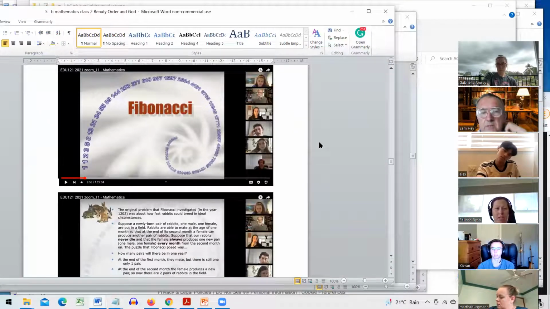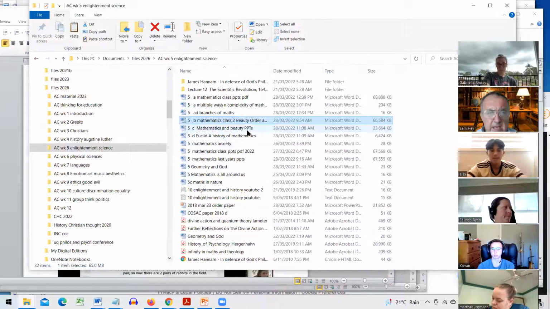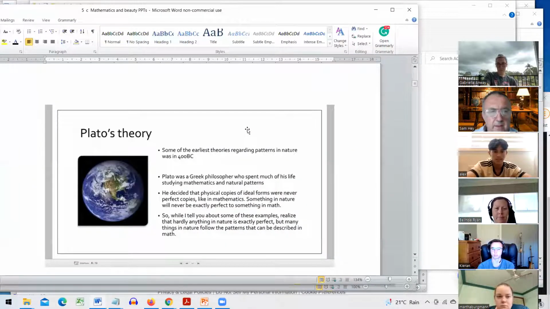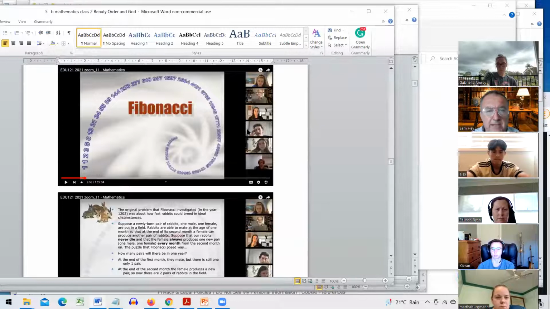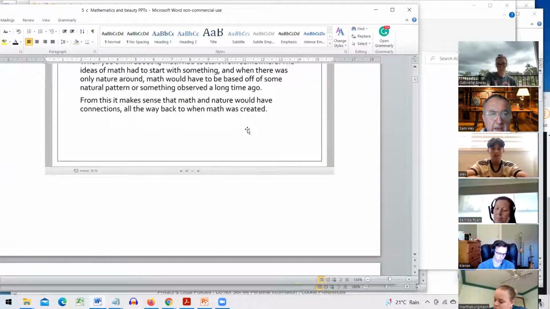Now, one of the names that we often see associated with this sense of beauty is the name Fibonacci.